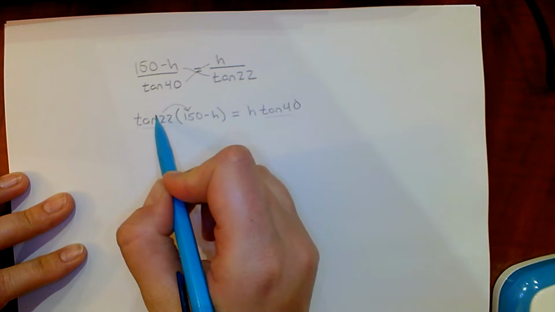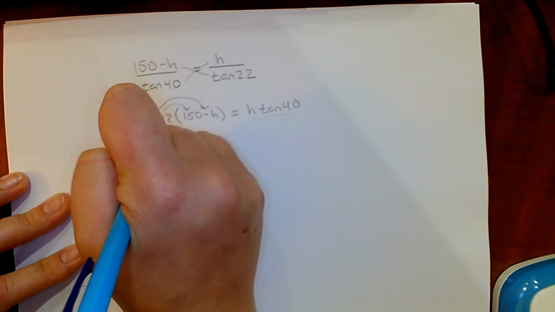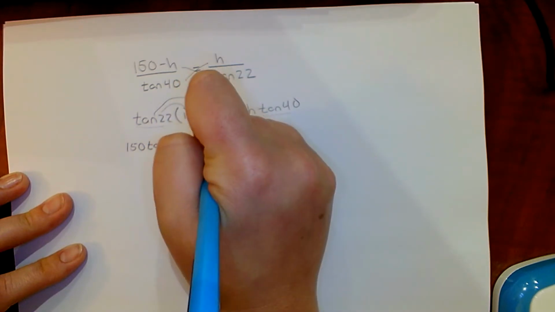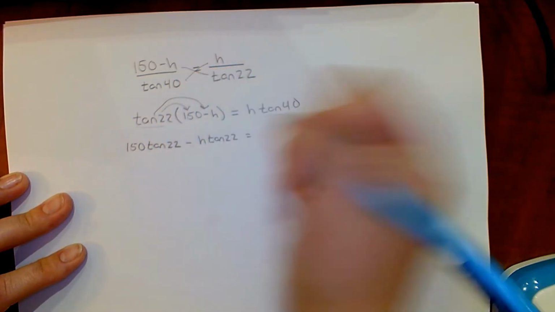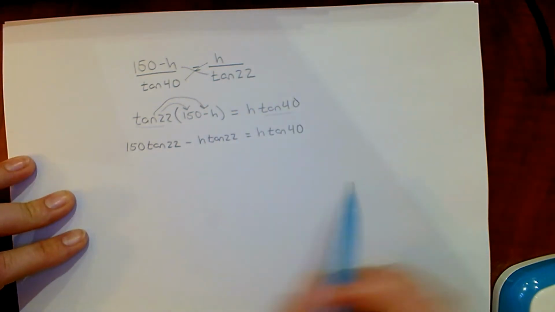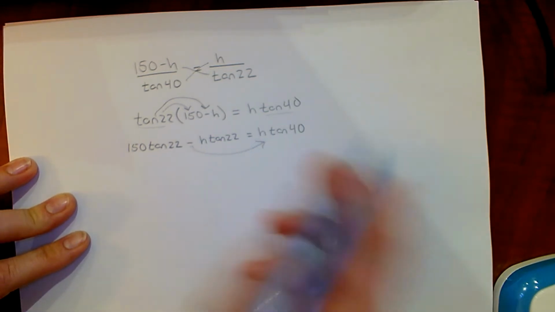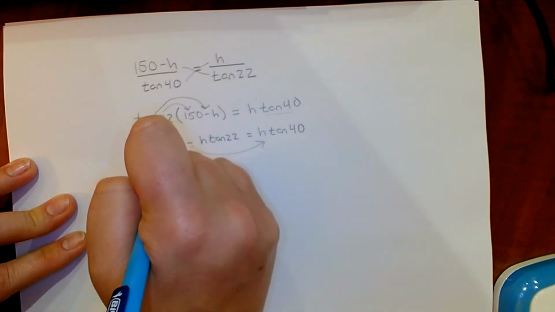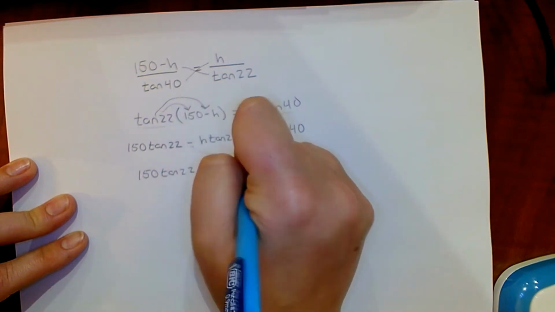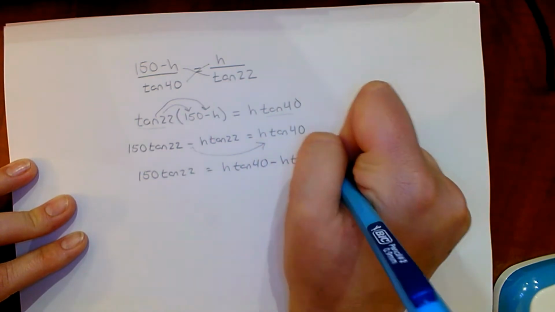Next thing is to distribute this tangent 22. So we have 150 tangent 22, which is just a number, minus h times tangent 22 equals h times tangent 40. Now we're going to want to get all the h's on one side, so I'm going to move that over. 150 tangent 22 equals h times tangent 40 minus h times tangent 22.